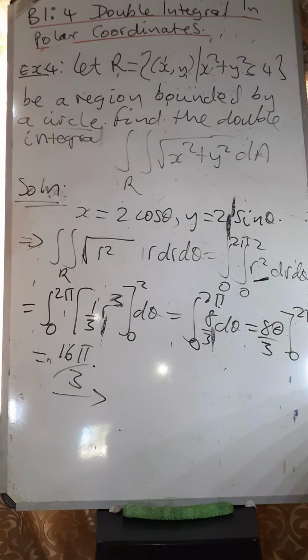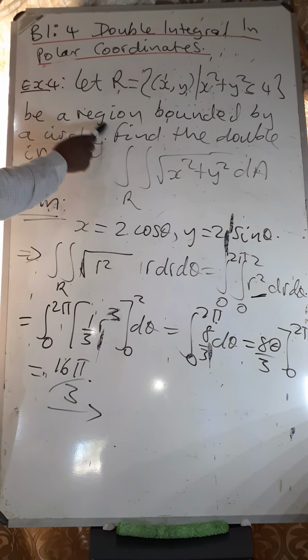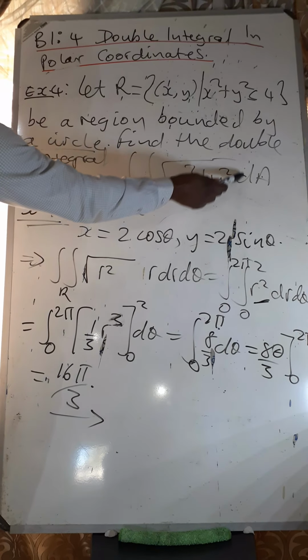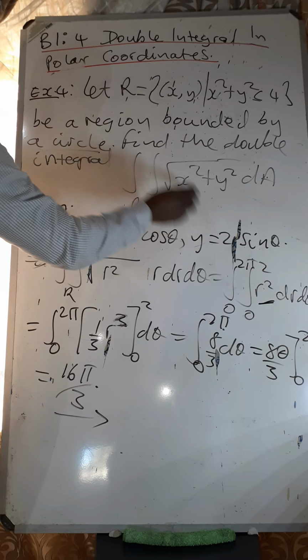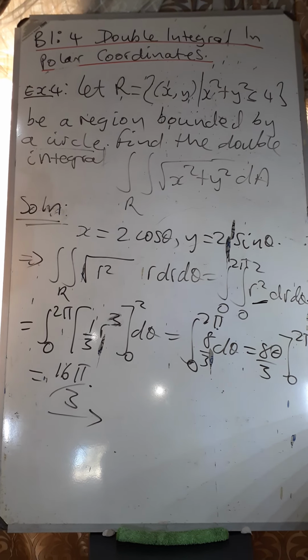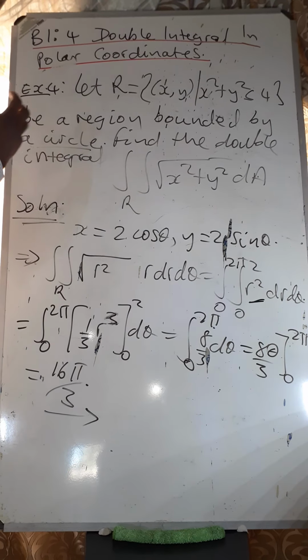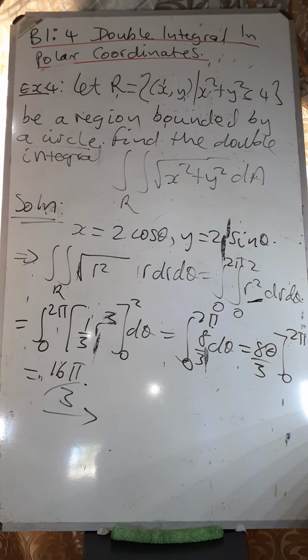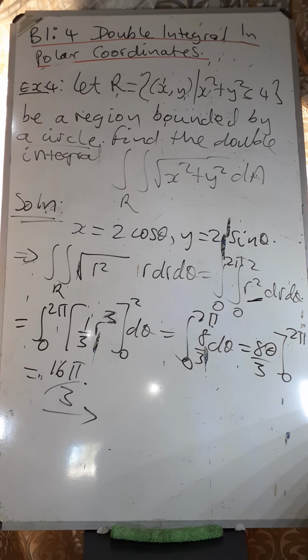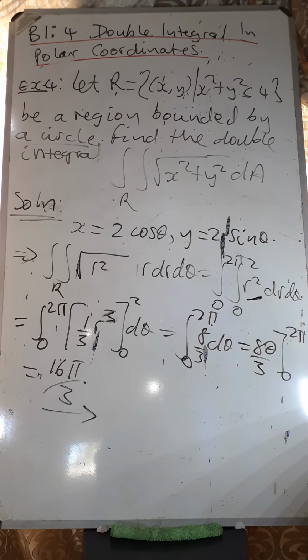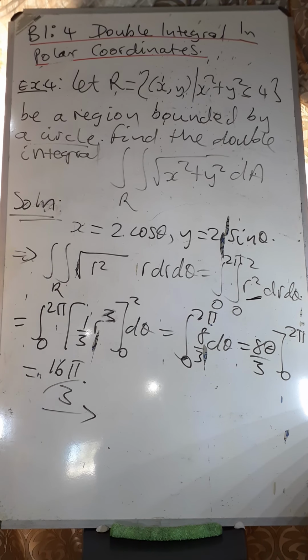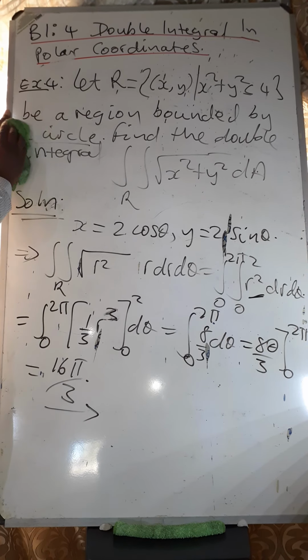So in most cases, if you see there is a circle and the integrand is of this form, then even if it's not straightforward, it means you have to transfer from Cartesian to polar on your own. Okay? Right, let's wrap this.